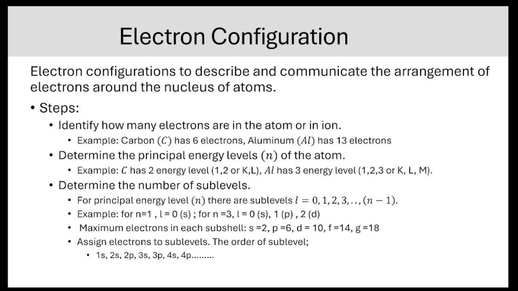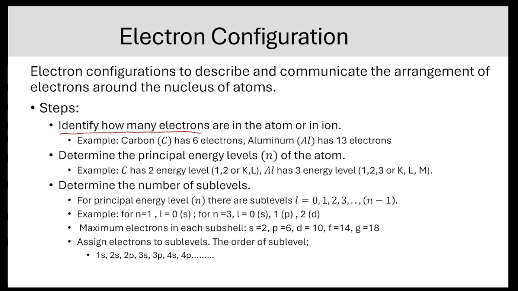When writing electron configuration, we follow a logical step-by-step method. It's a pretty straightforward method, but we have to follow the procedure. The first step is to count the total number of electrons, and we can identify the number of electrons by looking at the periodic table.